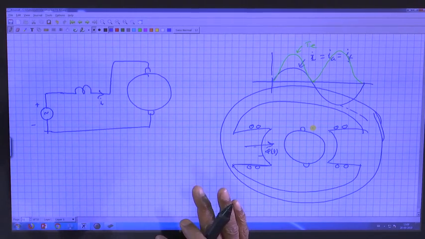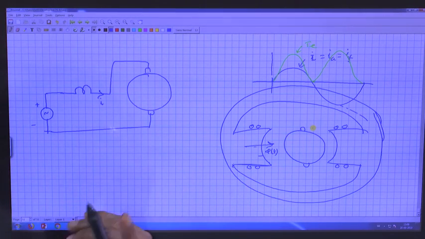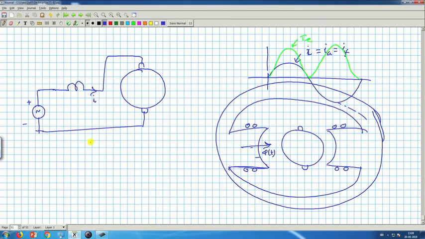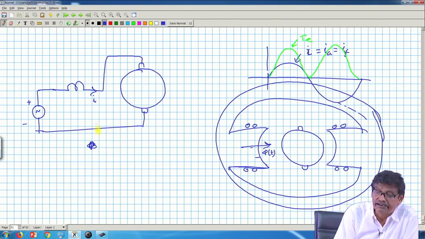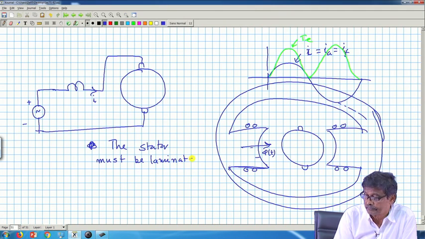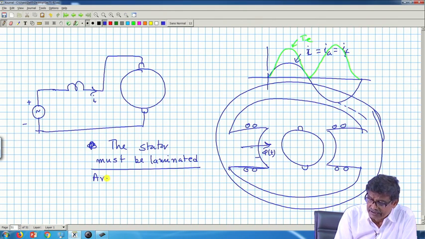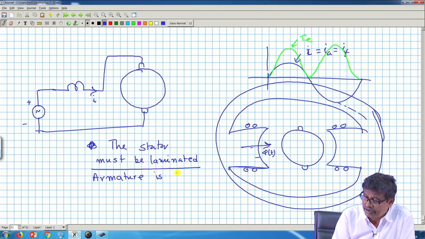Therefore, a DC series motor, if it is to be operated from AC supply, first thing we learn is that both the stator structure and the armature must be laminated. Armature is laminated in any case.